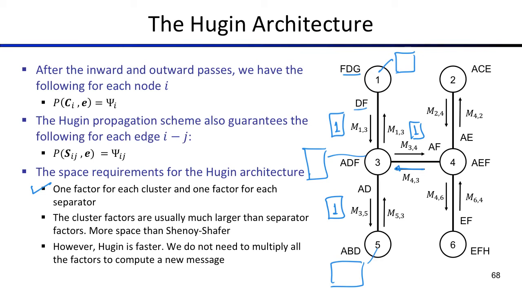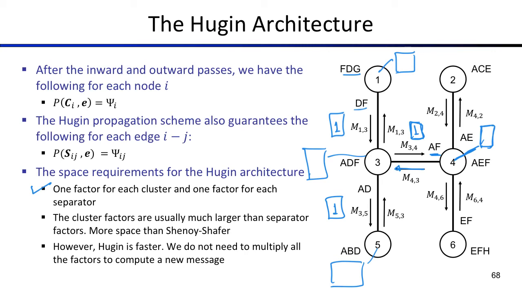It will take everything that it has stored here in its factor. It will remove the variables that are not in the separator. That's all fine. And it will divide it by 1. And the division by 1 will change nothing. Right? So the message is basically whatever it had here in the cluster with the elimination of the variables that are not in the separator.